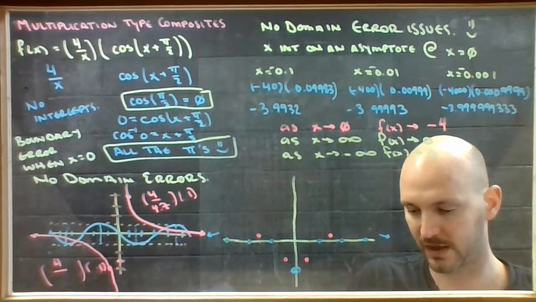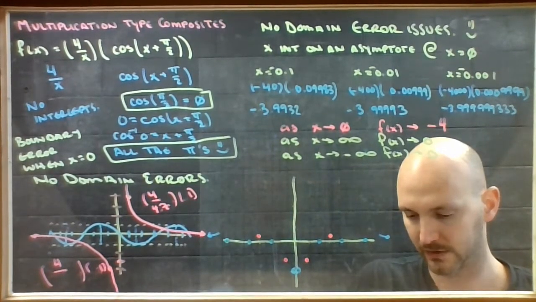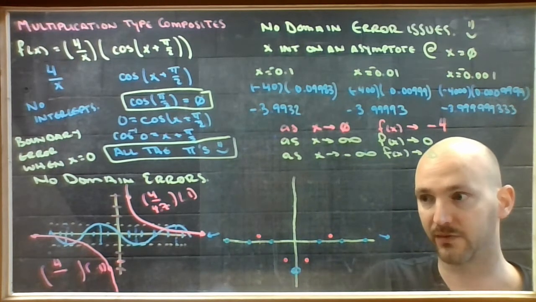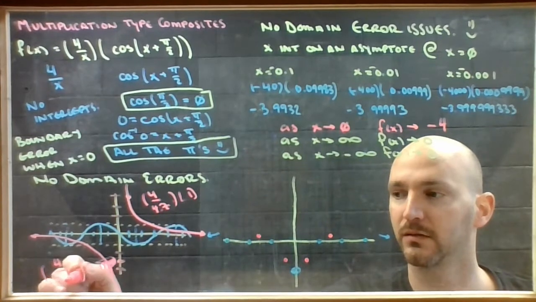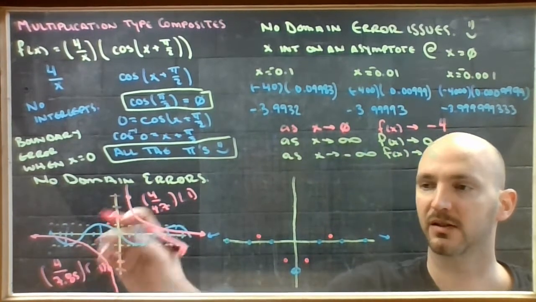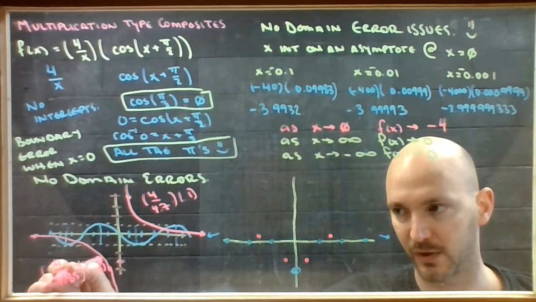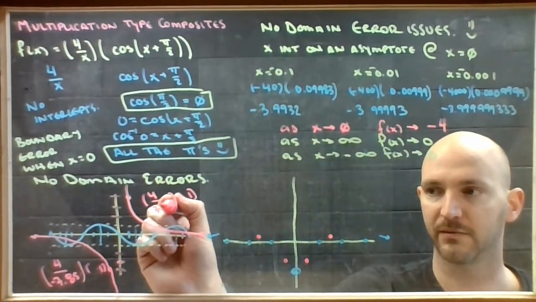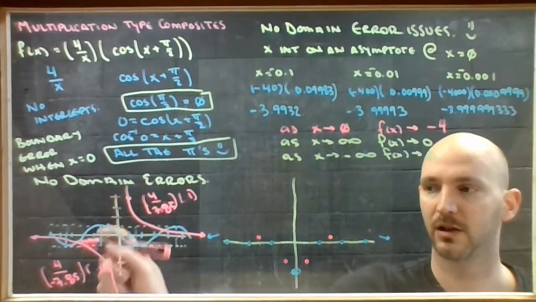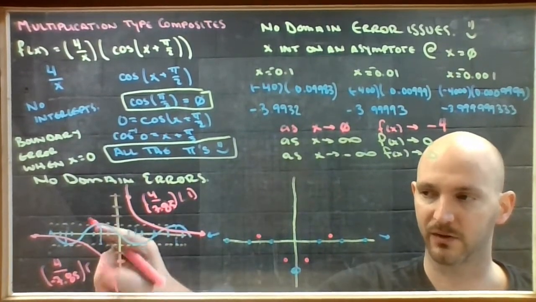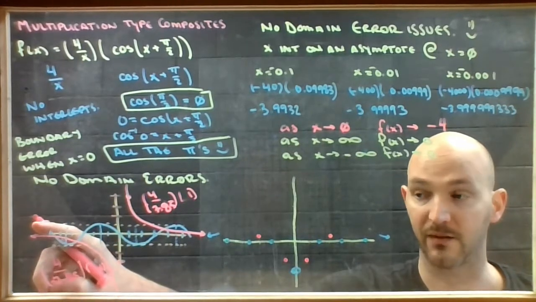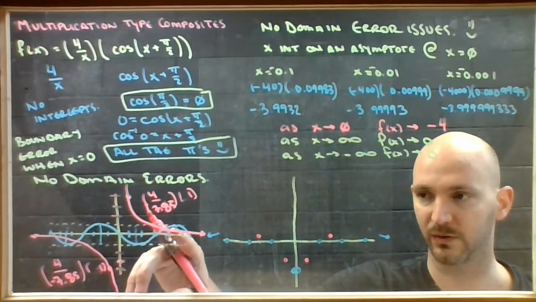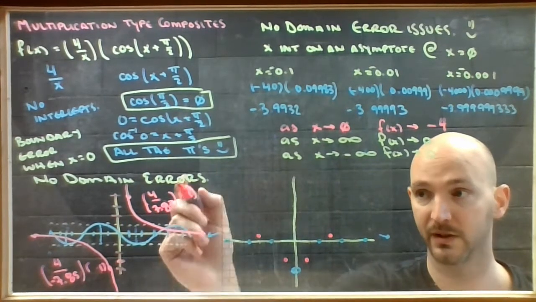So 5 times pi divided by 2 is about 7.85. So on this side it's negative 7.85. On this side it's positive 7.85. On this side at 5 pi over 2, that's 1, 2, 3, 4, 5. I've got a peak, so that's a positive. On this side I have 1, 2, 3, 4, 5. I'd be at a trough, so that would be negative.